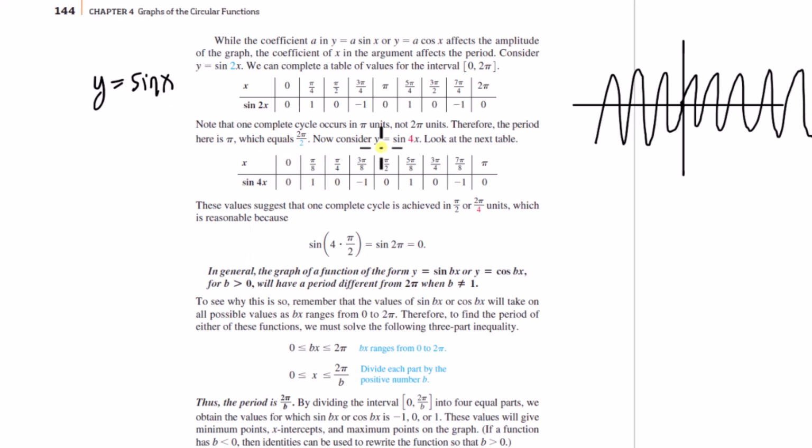So what happens here is effectively when you do this, you started with x, y. That's y is equal to sine x. Every single point is at x, y. When you put this 2 out front like that, you've changed it to where you've multiplied every point's x position by 1/2 and didn't touch the y.